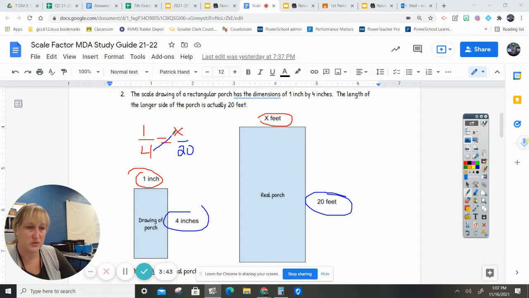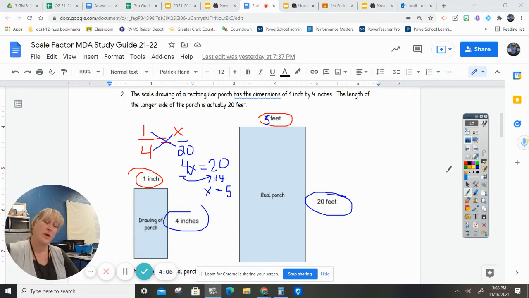I'm going to cross multiply. 4 times x is 4x. 1 times 20 is 20. Now I need to move this 4 over by dividing by 4. That's a division. So x then equals 5, and it's 5 feet.